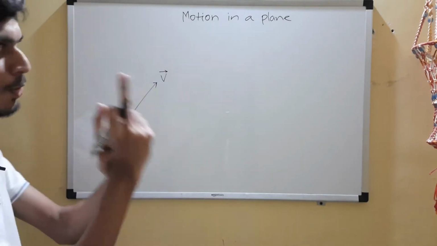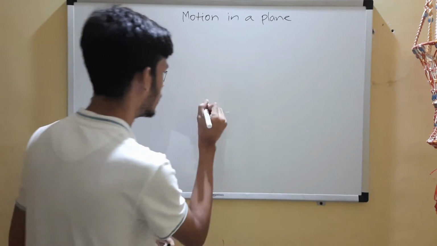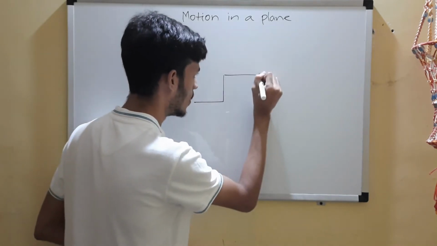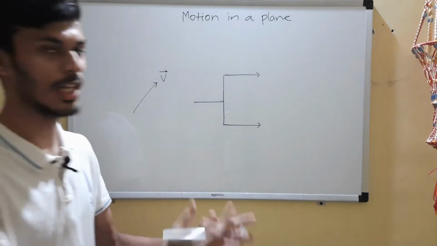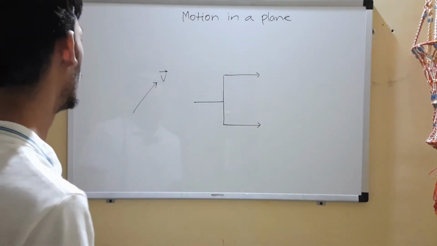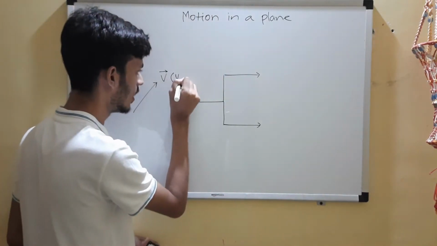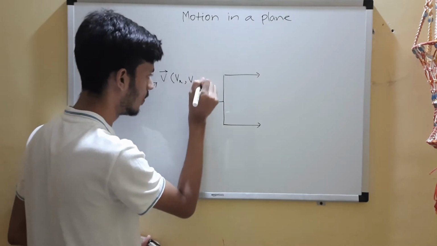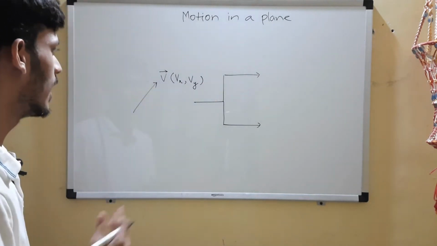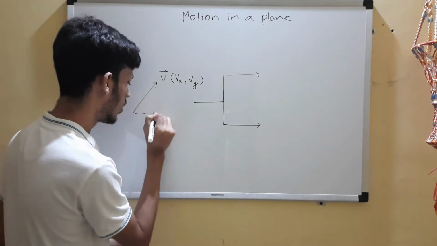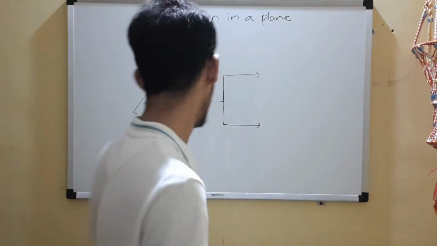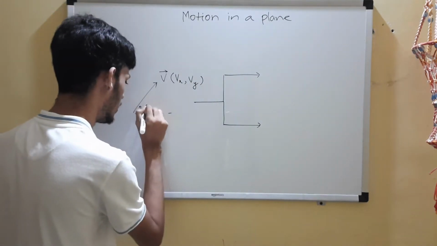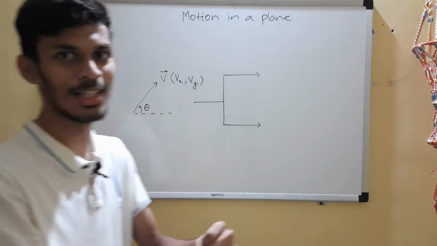Now we already know how to resolve a vector, right? I'll tell you why we are doing this, but let's go ahead and do it. If I say the velocity is vx in the x direction and vy in the y direction, you can easily resolve this vector. You can resolve it in i, j, k, or if you know this angle theta, you'll use trigonometry.